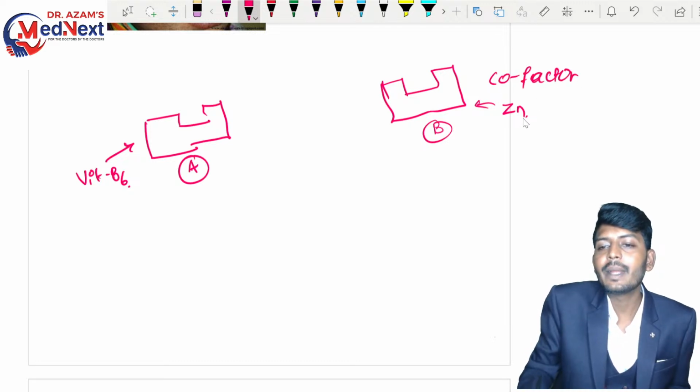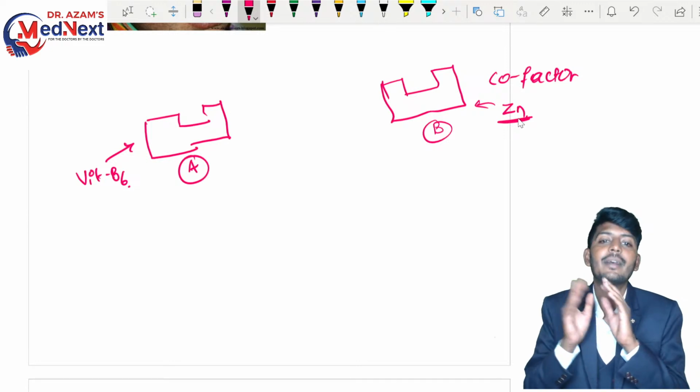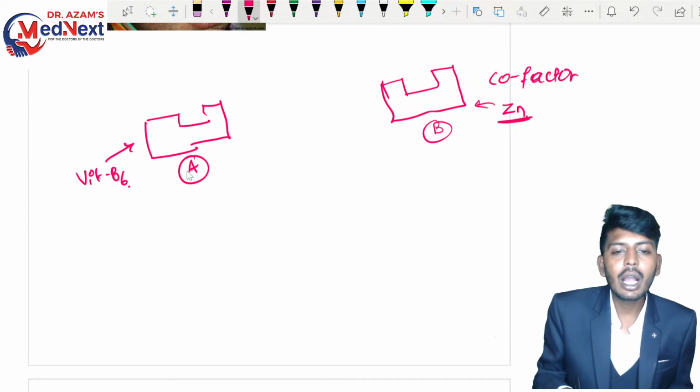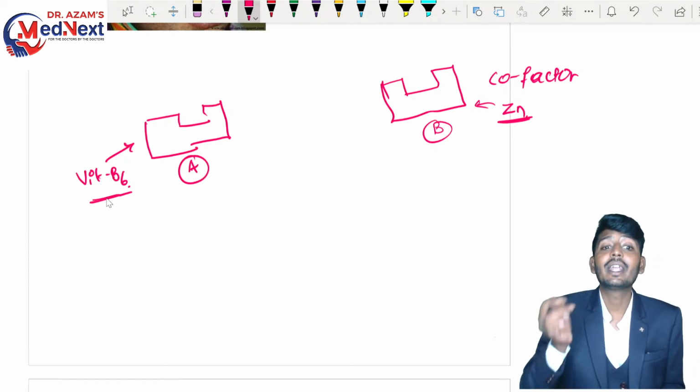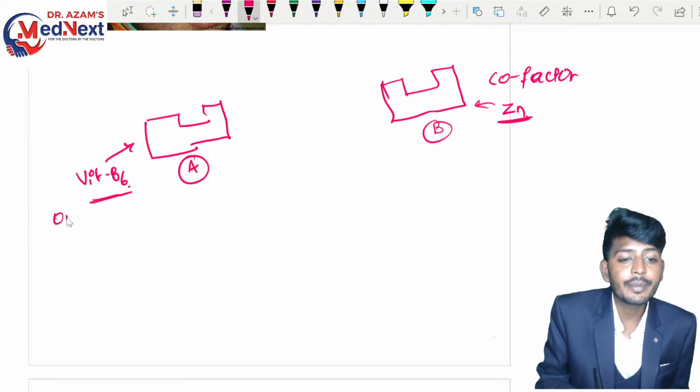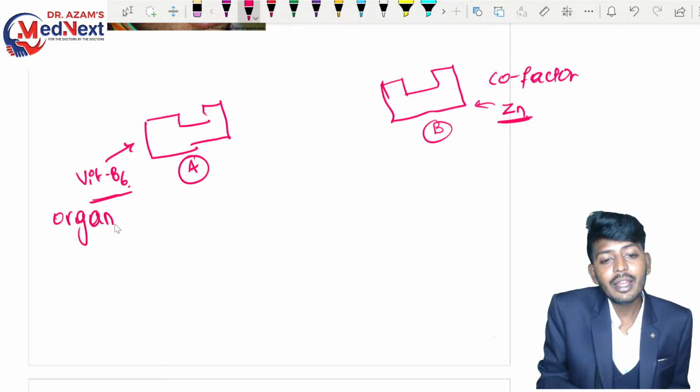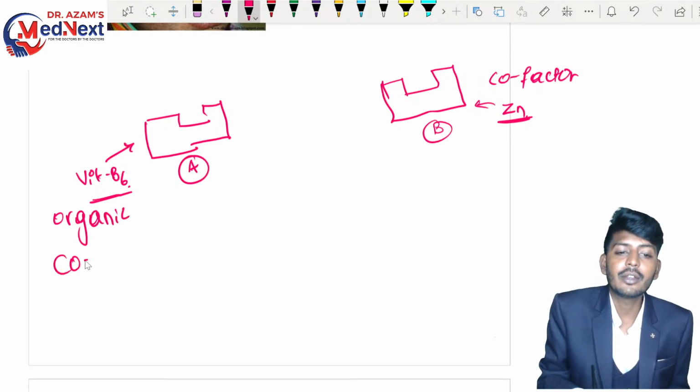Why cofactor? Because zinc is an inorganic substance, ठीक है। अगर एंजाइम ए को काम करने के लिए विटामिन B6 चाहिए था बच्चा, विटामिन B6 इज ए ऑर्गेनिक सब्सटेंस, अगर ऑर्गेनिक सब्सटेंस हेल्प कर रहा है, then it is called as coenzyme.